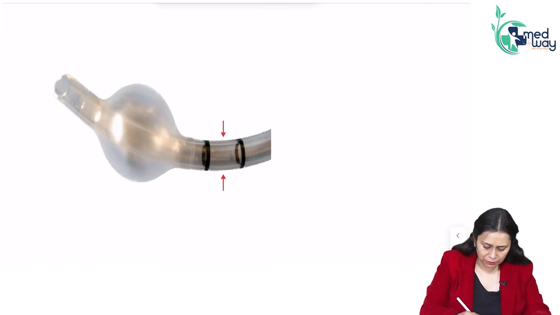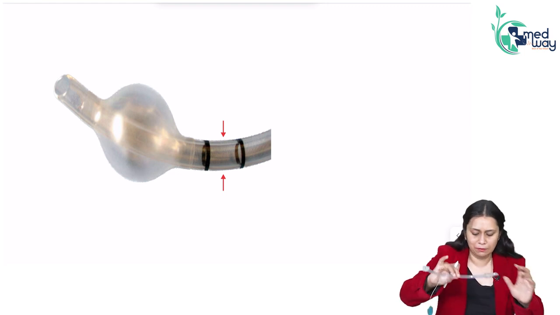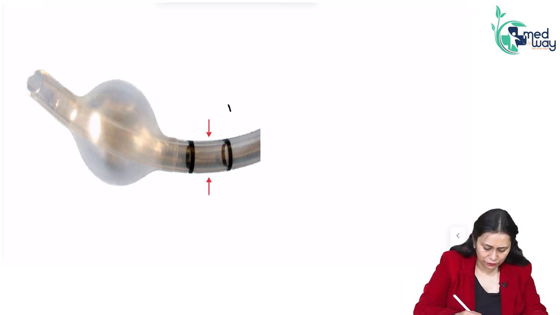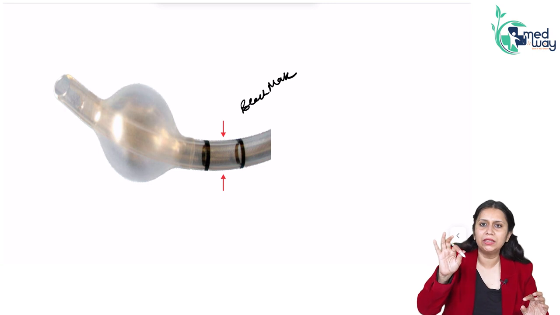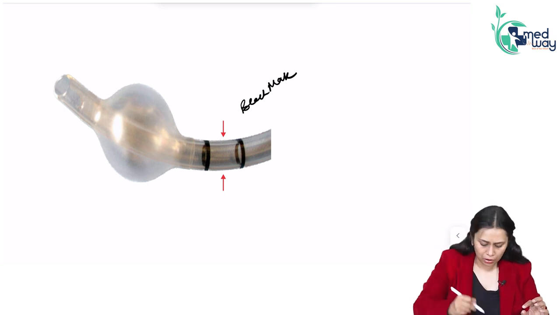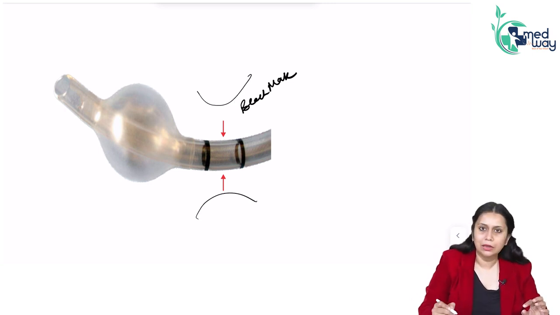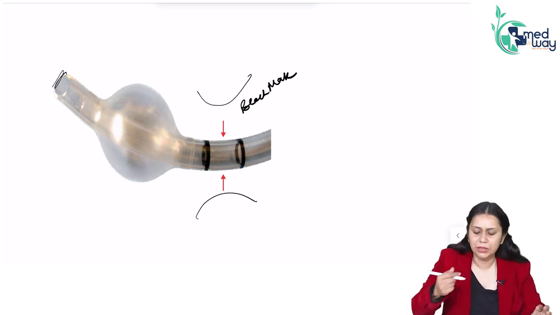Then let us talk about this black mark. What is the use of this black mark? See, when we are inserting the tube, we leave the black mark on the glottic opening. Then the tip of the tube, the glottic end, would remain above the carina.